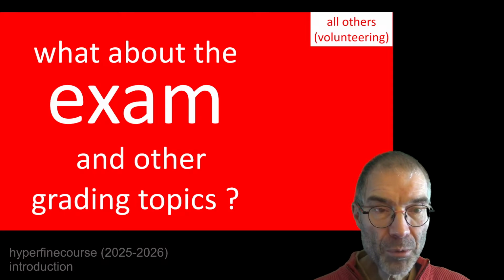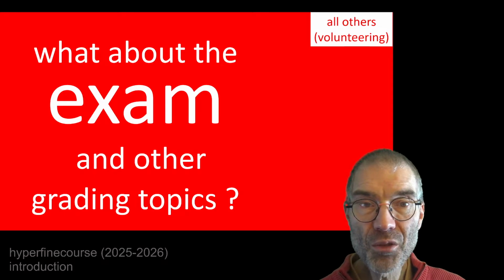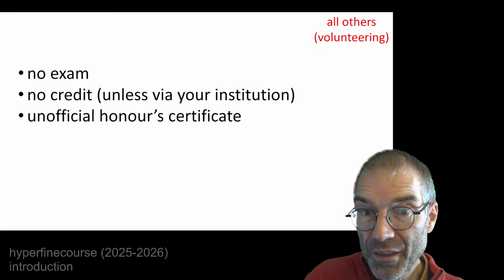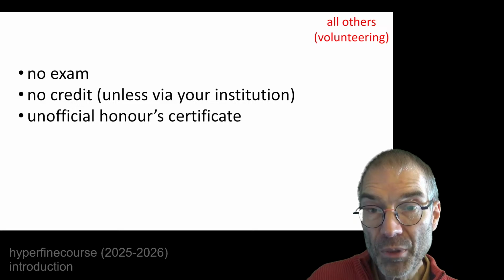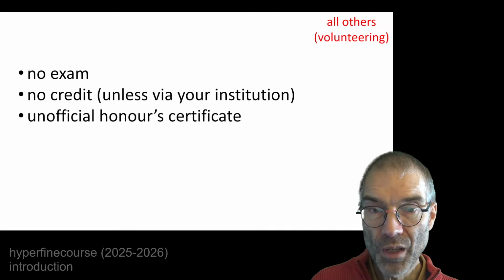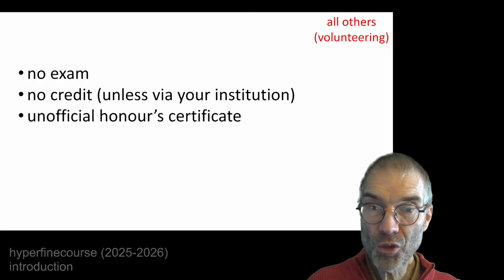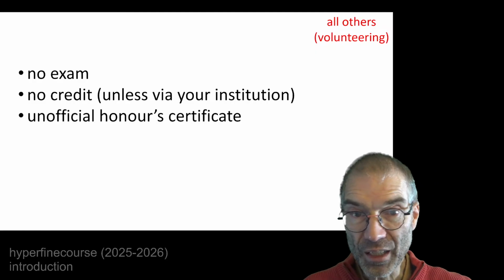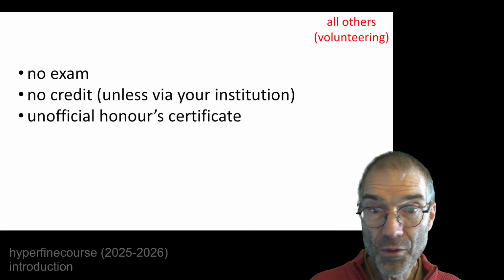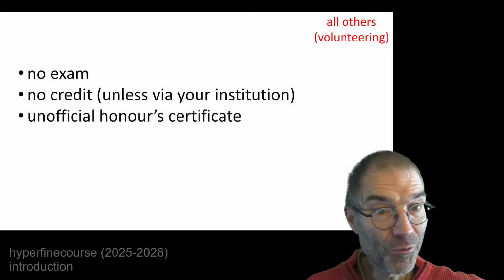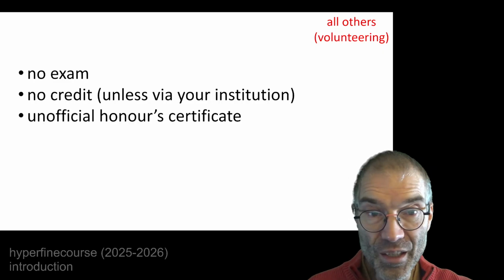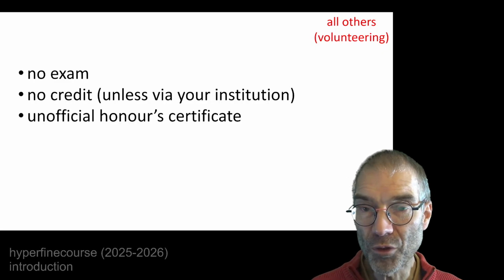For people who are not part of a Flemish university, there is no exam. I can give you no credit, but what I do see happening regularly is that people can get credit from their own institution. You tell your own institution, I follow an online course at Ghent University. There it is 6 ECTS. Do you give me credit for this? And sometimes people get 6 or 4 or 3 ECTS points from their own university.